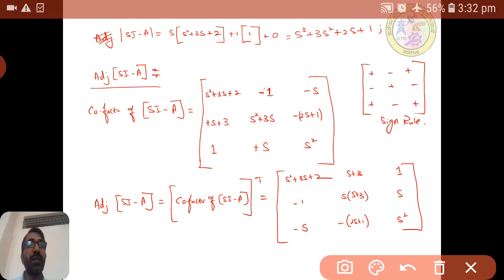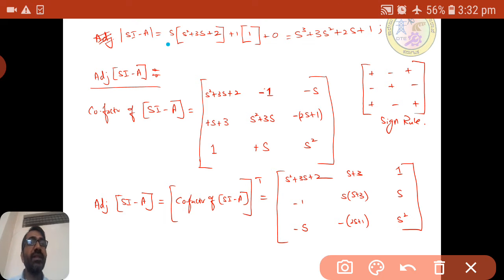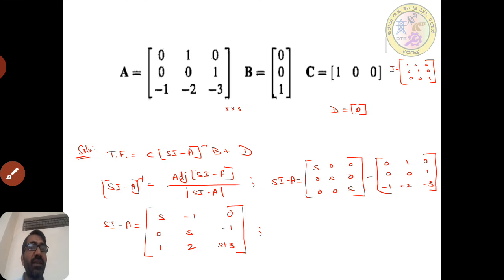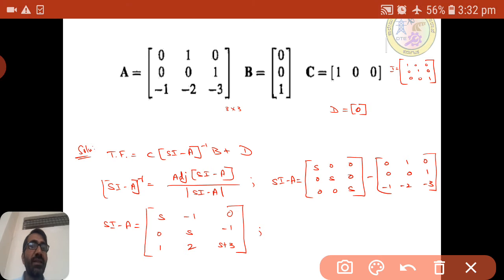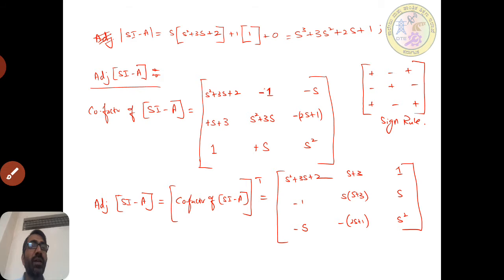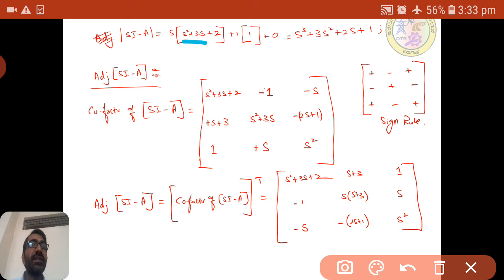That is the same thing we have given here: s into s plus 3 plus 2, that is s squared plus 3s plus 2.